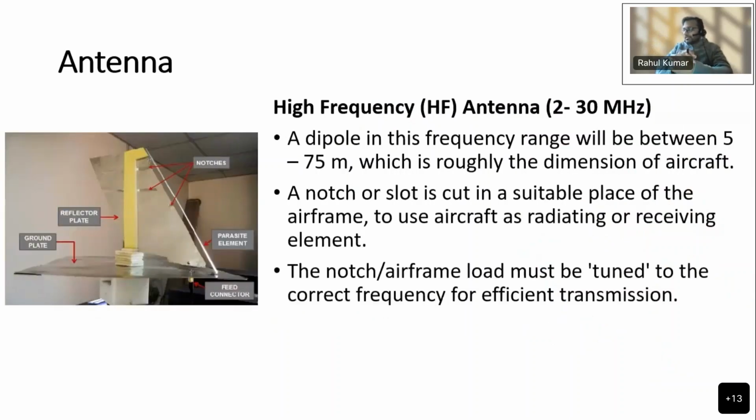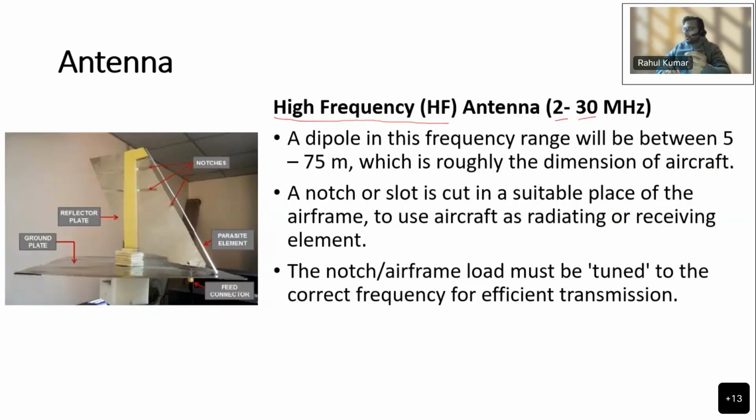Now, the next type of antenna that can be found in an aircraft is the HF antenna, or high frequency antenna. These antennas radiate at a frequency range of 2 to 30 megahertz.